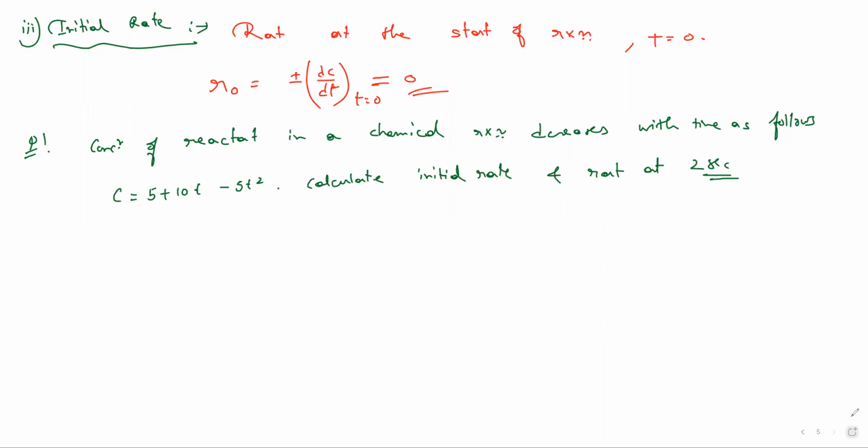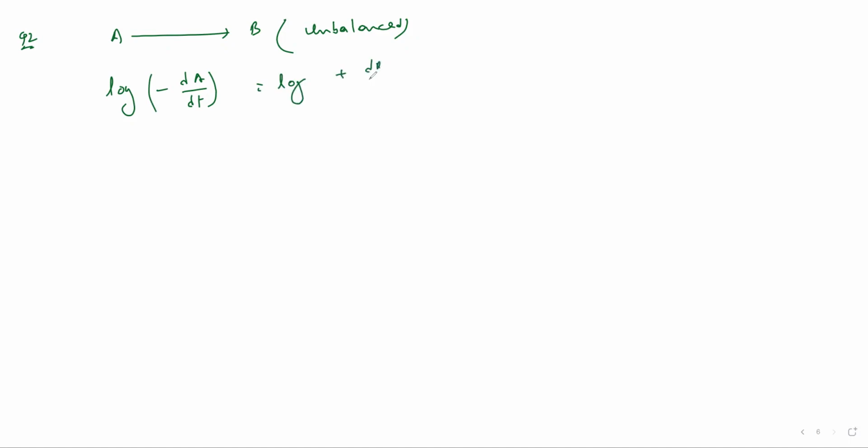Second question is this one. A to B, an unbalanced reaction, and it is given log of minus dA by dt equals log of plus dB by dt plus 1.